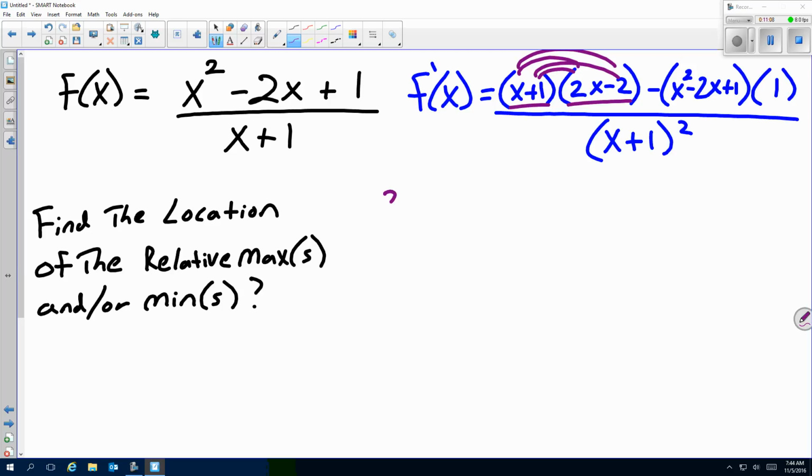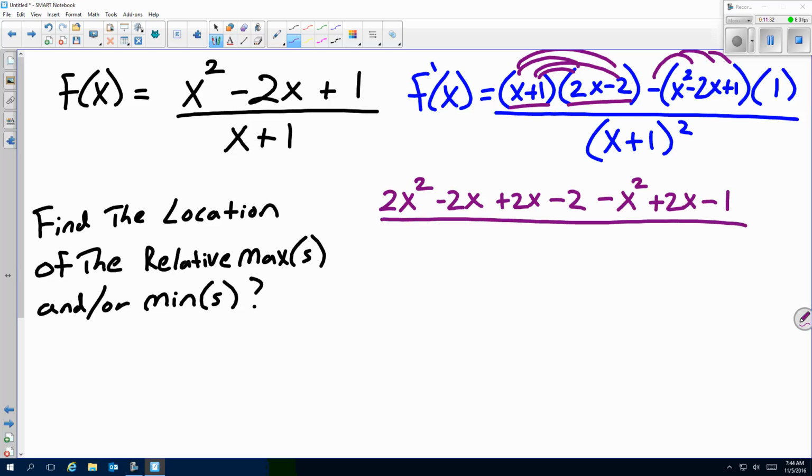I'm going to get a 2x squared minus 2x plus 2x minus 2. And then I also want to make sure that I distribute this negative sign to everybody in that trinomial. So minus x squared plus 2x minus 1 all over x plus 1 squared.